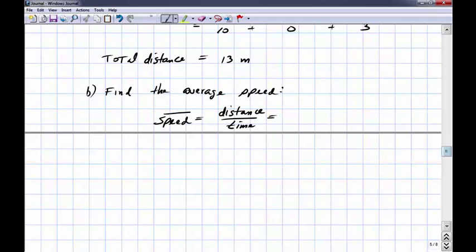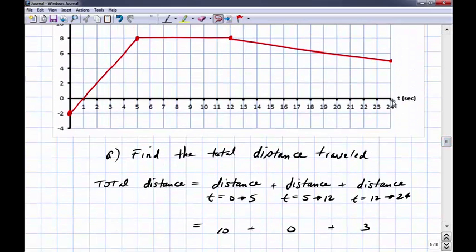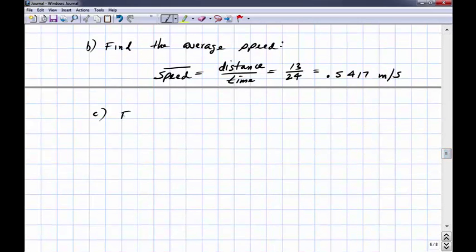We found the total distance just now as 13 meters, and of course the total time that has elapsed, if you notice, is 24 seconds. And if we enter 13 divided by 24 onto our calculator, the result turns out to equal 0.5417 meters per second.